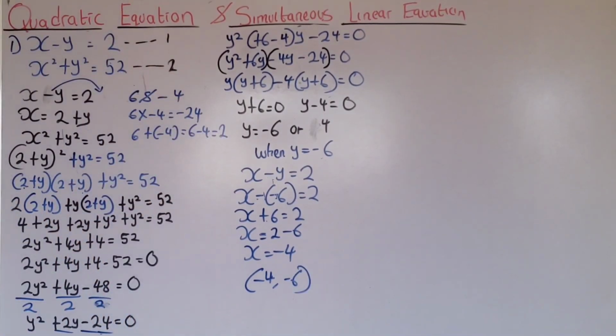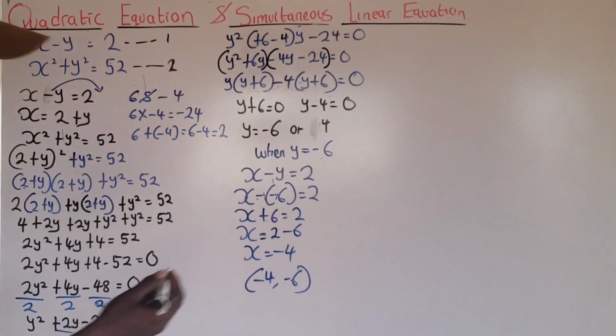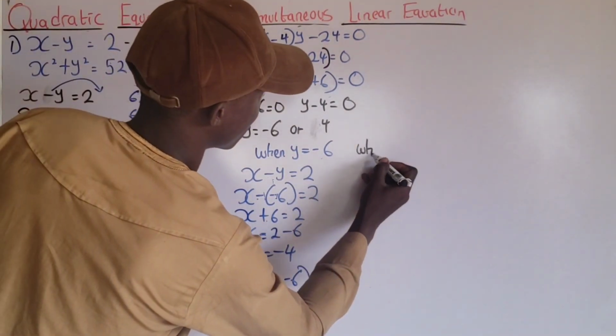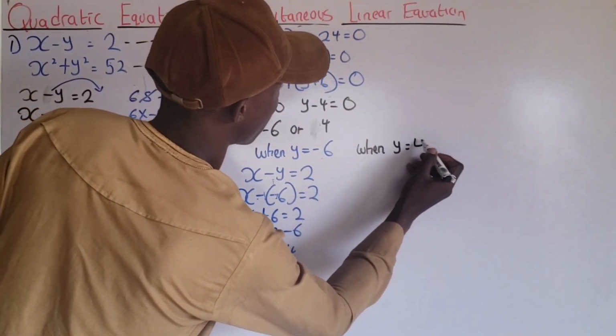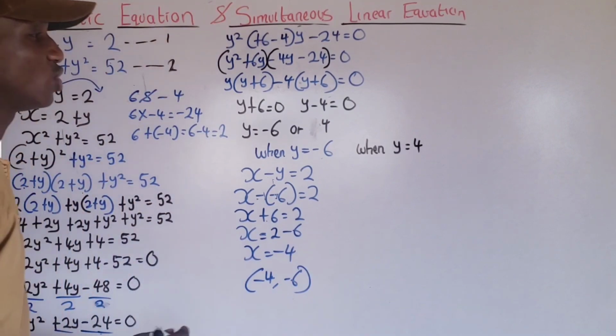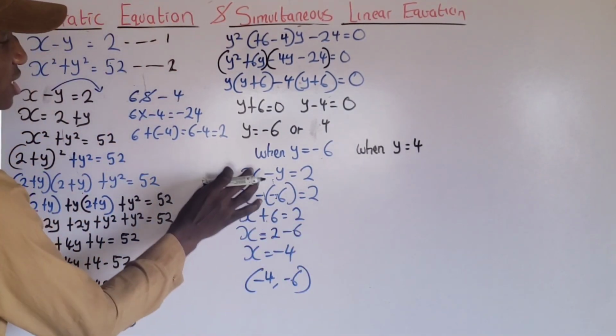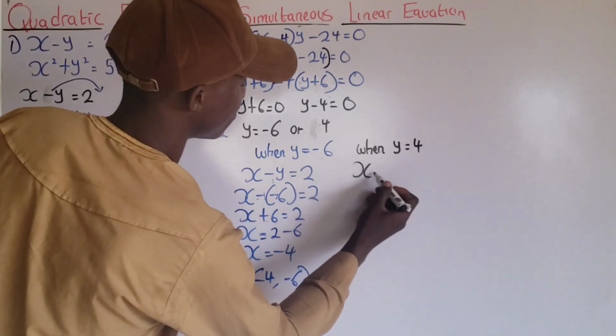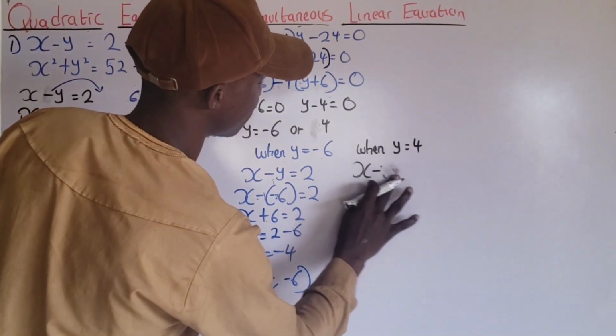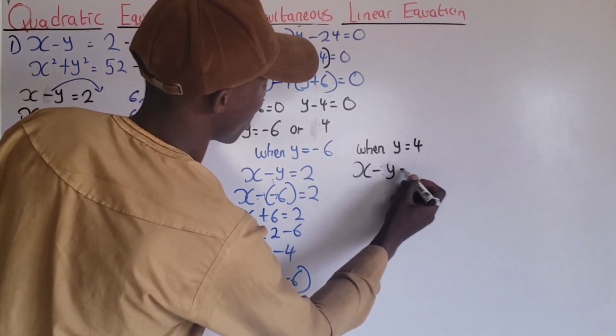Okay? Now, let's deal with the second aspect. You just have to pay attention, okay? It's simple. Now, when y is equals to 4, what will be the value of x? You just have to substitute the value of y into this equation as well. So x minus y is equals to 2.